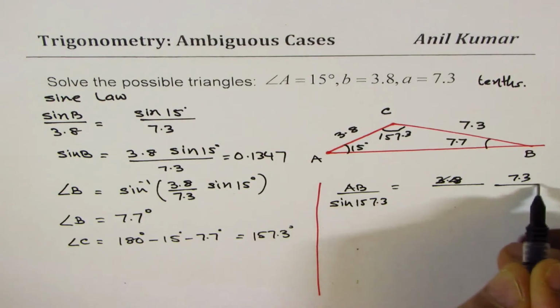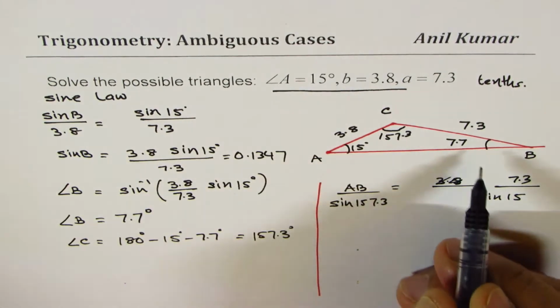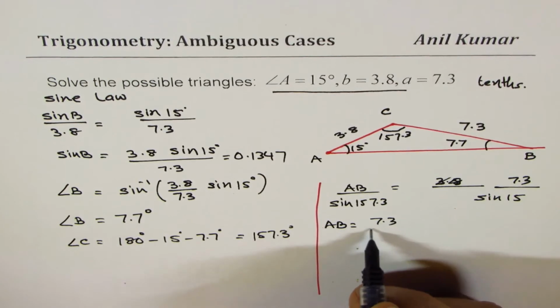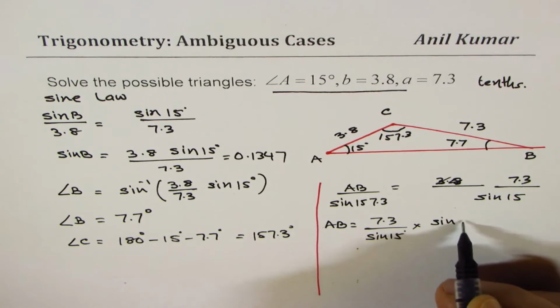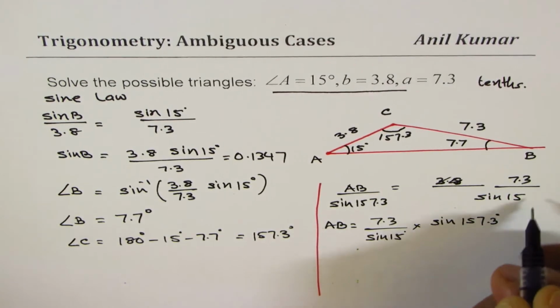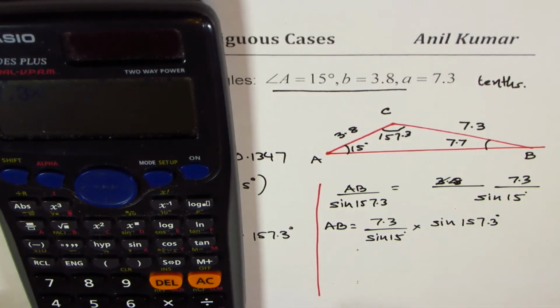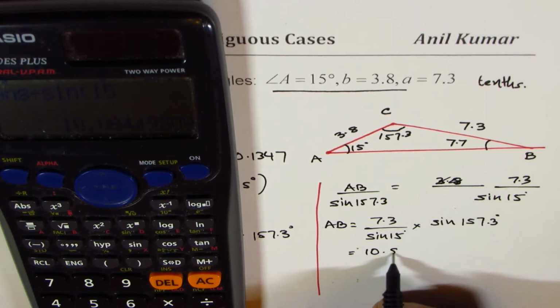So we'll use 7.3 over sine of 15 degrees since that is given to us and this is approximate, right? So AB will be equal to 7.3 over sine of 15 degrees times sine of 157.3 degrees, right? So this is a pretty long side. 7.3 times sine of 157.3, and we'll divide this by sine of 15 degrees, which is equal to 10.88.